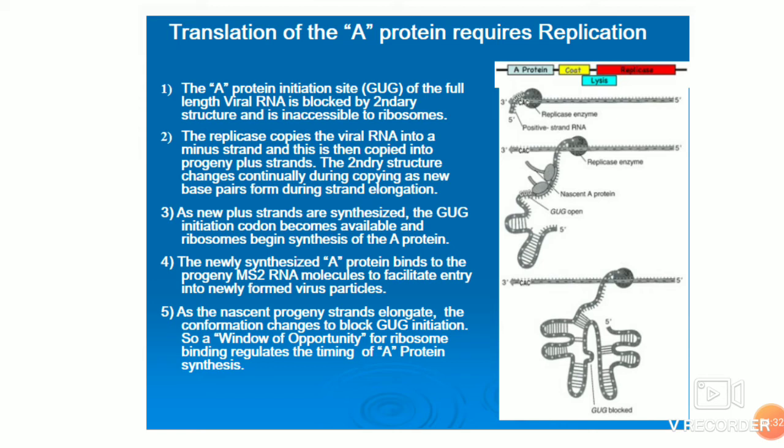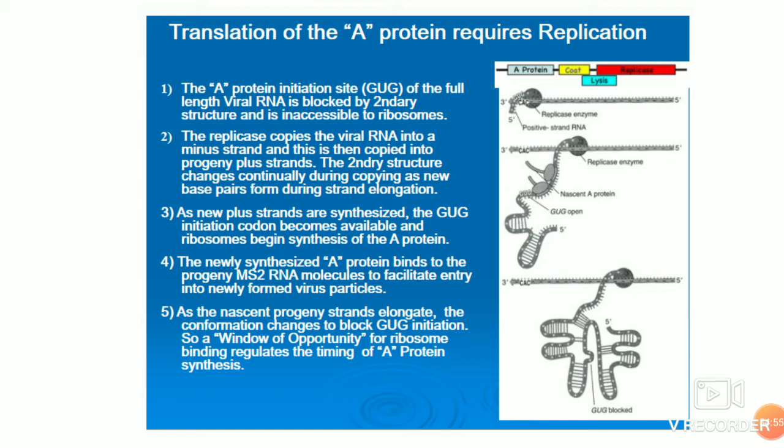The replicase copies the viral RNA into a minus strand and this is then copied into the progeny plus strand. So when this progeny plus strand is getting synthesized, there is access to the GUG, and the ribosome begins the synthesis of the A protein.